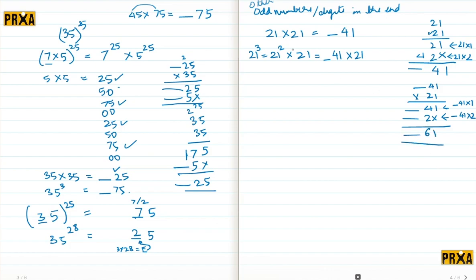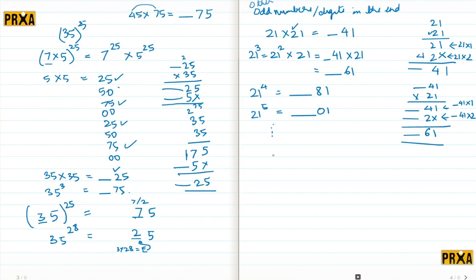So this is equivalent to something 6 1, and if you keep doing it you will notice that 21 to the power 4 would end up in 8 1. 21 to the power 5 would likewise end up with a 0 1, and so on. So what is happening here, if you pay attention, is that this digit, the tens digit 2, is getting added to itself every time.